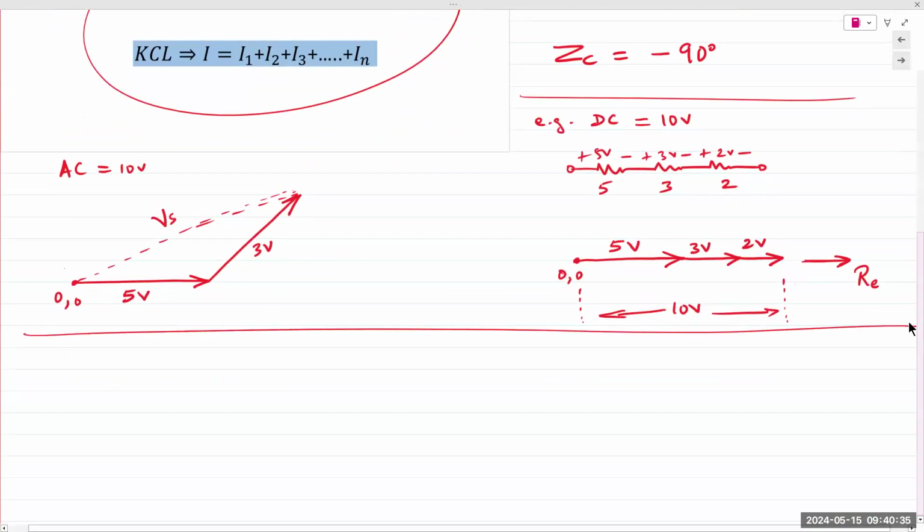Ideal inductors and ideal capacitors do not have any resistance, meaning if you say inductor L, you're saying RL, the inductor resistance, is equal to 0. But in real life, inductors will have some resistance.